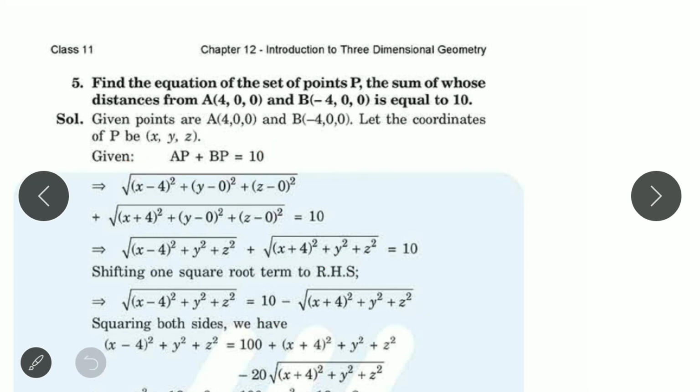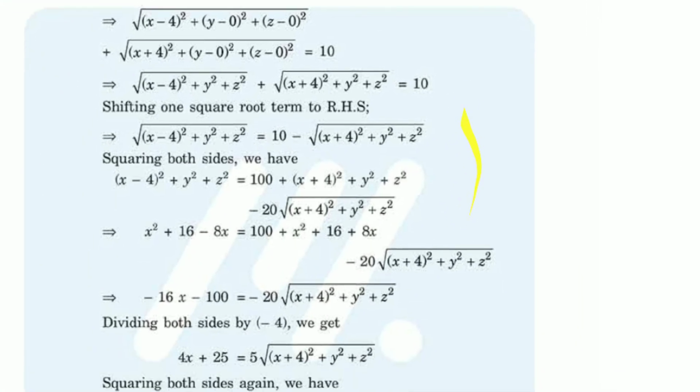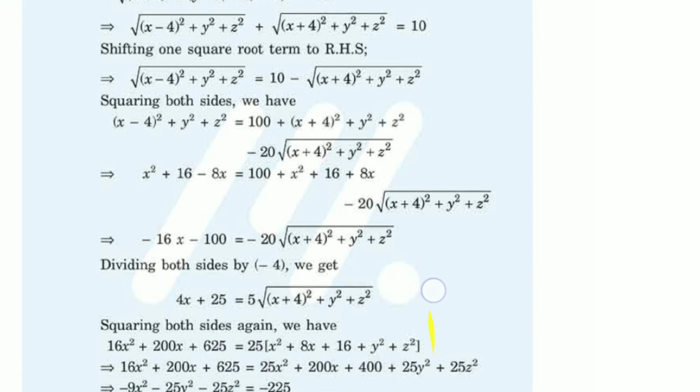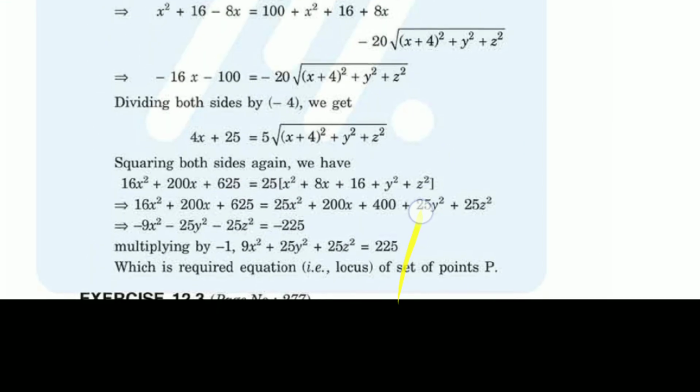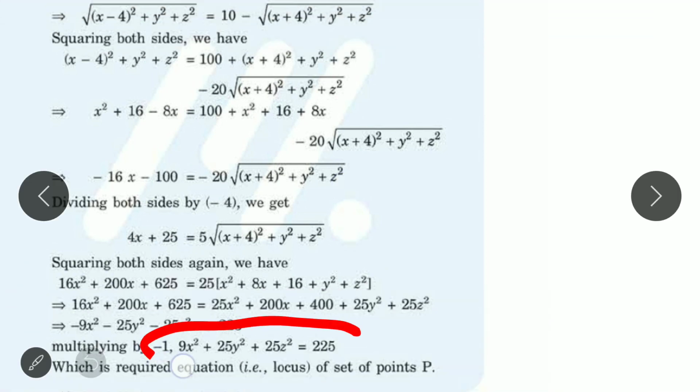And after squaring both sides, you have to simplify again. Keep on simplifying. You will get an equation. So what is the last equation you are getting? 9x square plus 25y square plus 25z square equals 225. This is the required equation.